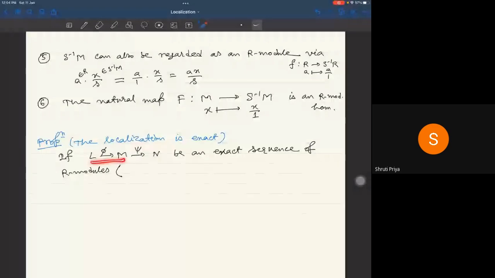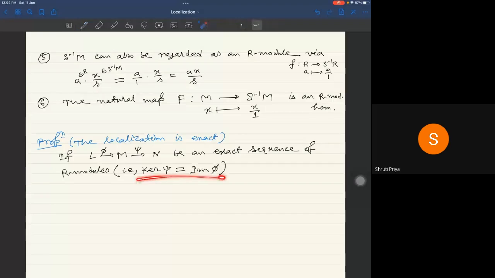We write phi as an R module homomorphism from L to M, and psi as an R module homomorphism from M to N, such that the kernel of psi is the same as the image of phi. Whenever you have this condition, we call this kind of sequence an exact sequence.